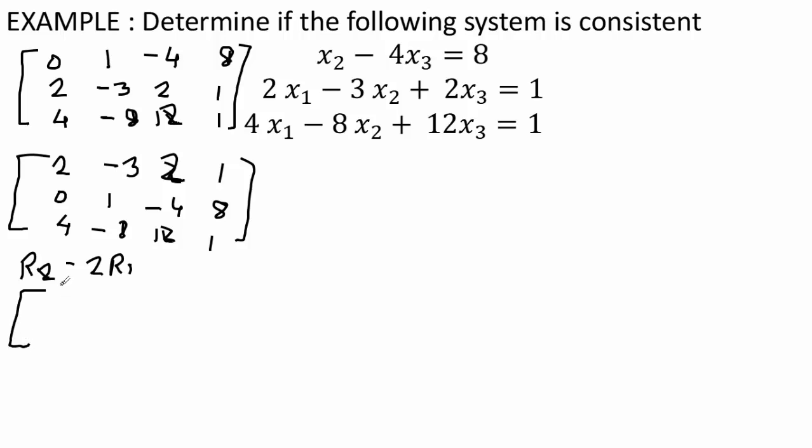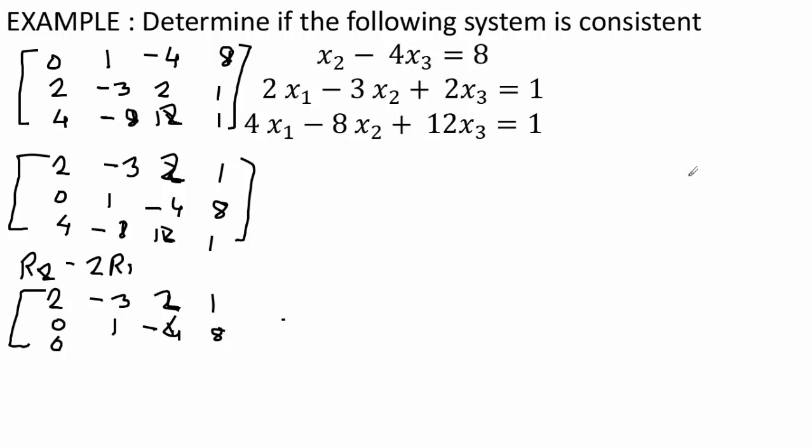First two rows will be as it is, 2 minus 3, 2, 1, 0, 1, minus 4, 8. First two rows will remain as it is. Only third row will change, and we are subtracting 2 times elements of R1 from third row. That is 4 minus 2 into 2, 0, minus 8 minus 2 into minus 3.